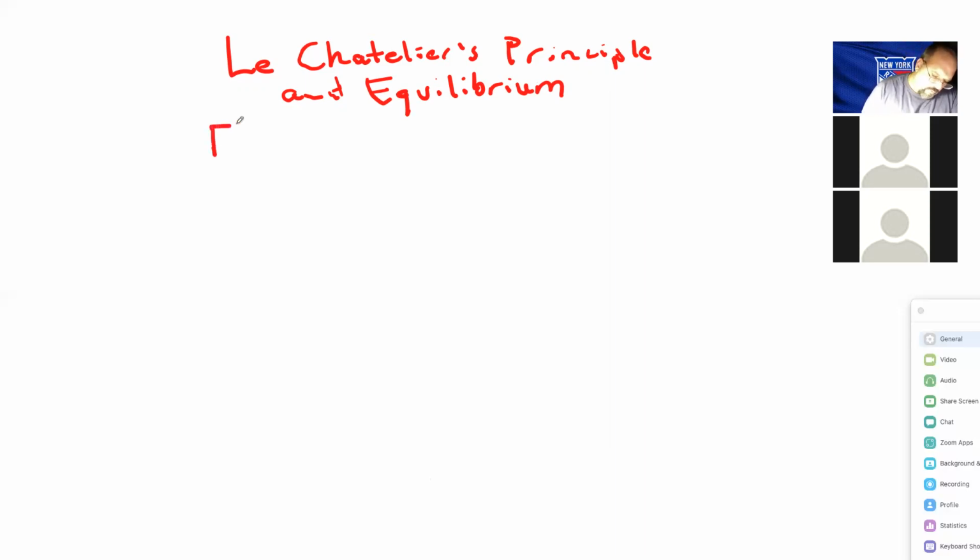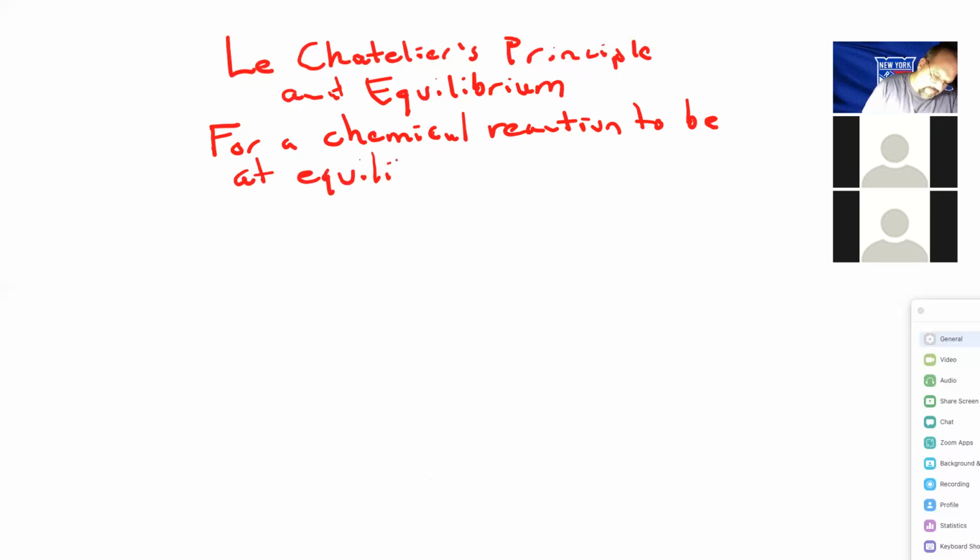So for a chemical reaction to be at equilibrium, two things must be true.